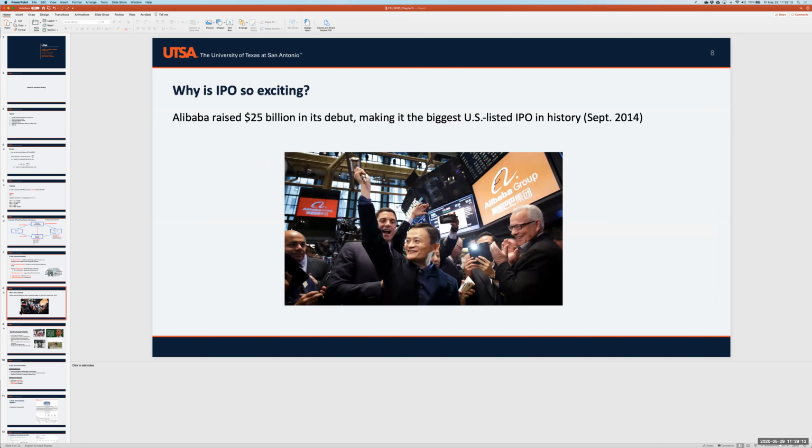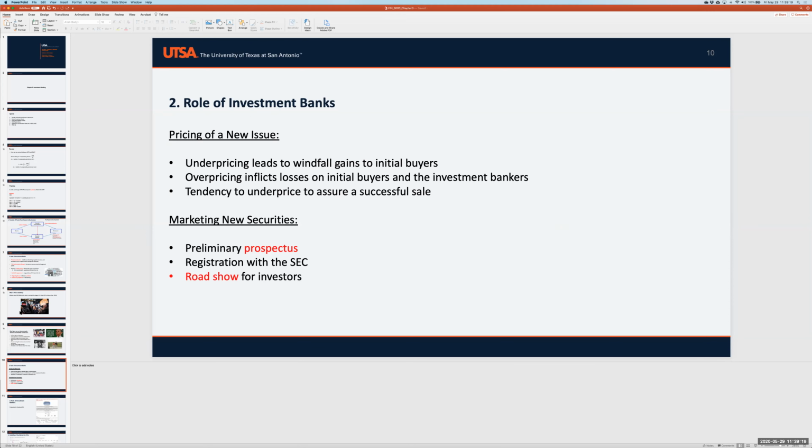Anyway, I give just an IPO example, Alibaba, and you can read it. I talk about preliminary prospectus and registration with the Securities Exchange Commission, and then roadshow for investors.